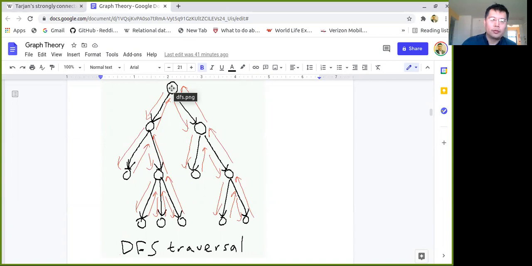We go from the root until we reach a leaf and go back to its parent, and continue the same process until we see a leaf and go back. This is the so-called DFS traversal.